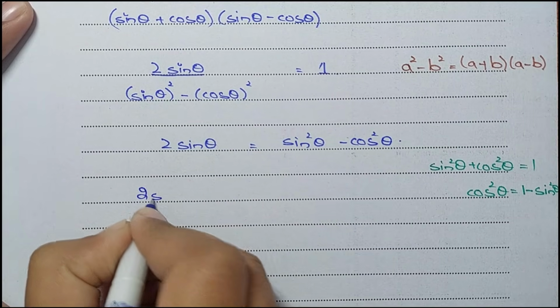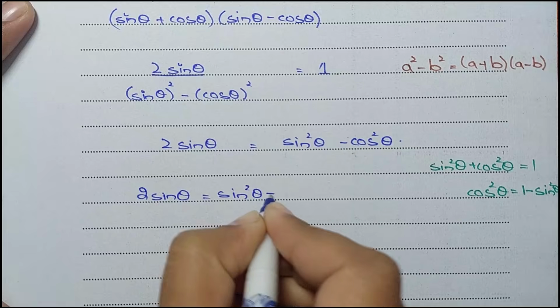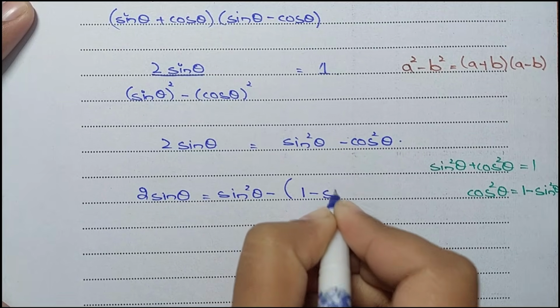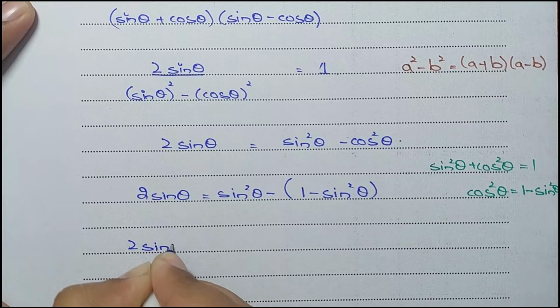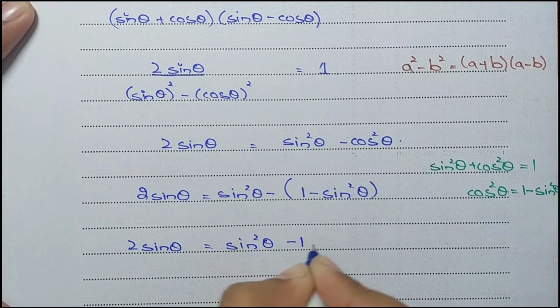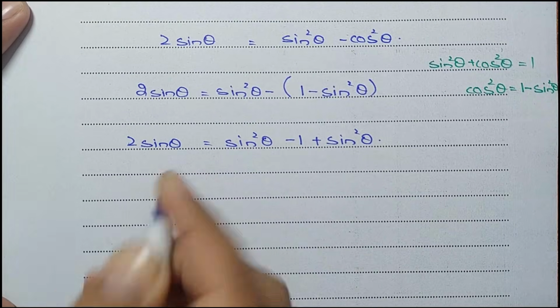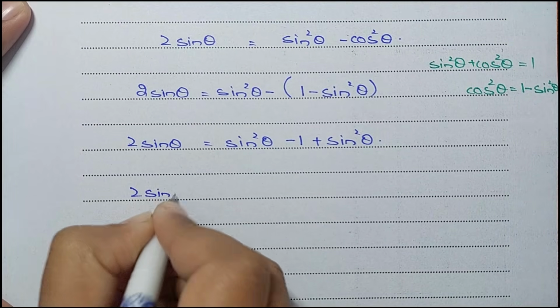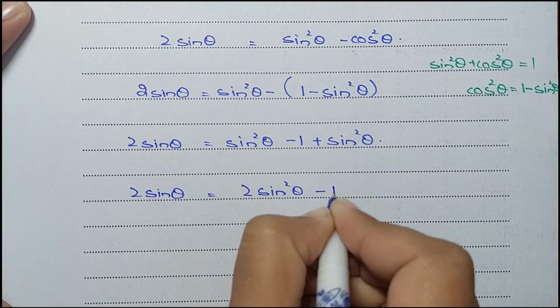So 2 sine theta equals sine square theta minus (1 minus sine square theta). This is 2 sine theta equals sine square minus 1 plus sine square. So 2 sine theta is equal to 2 sine square theta minus 1.